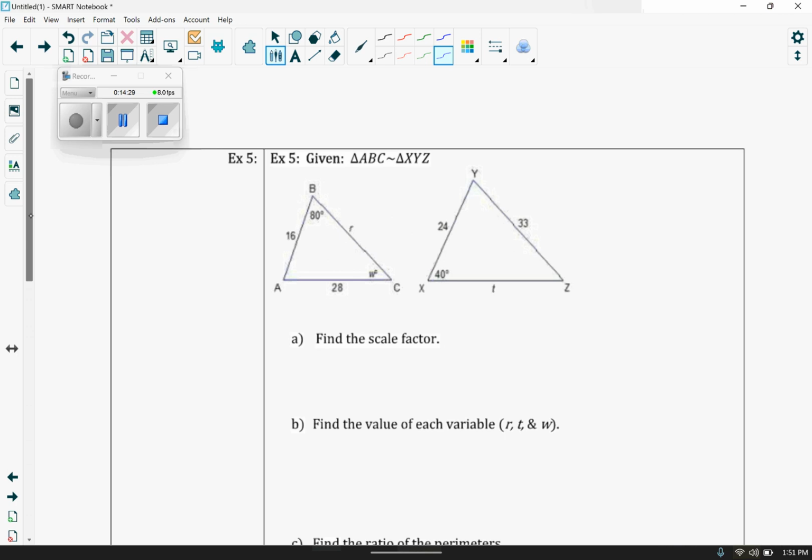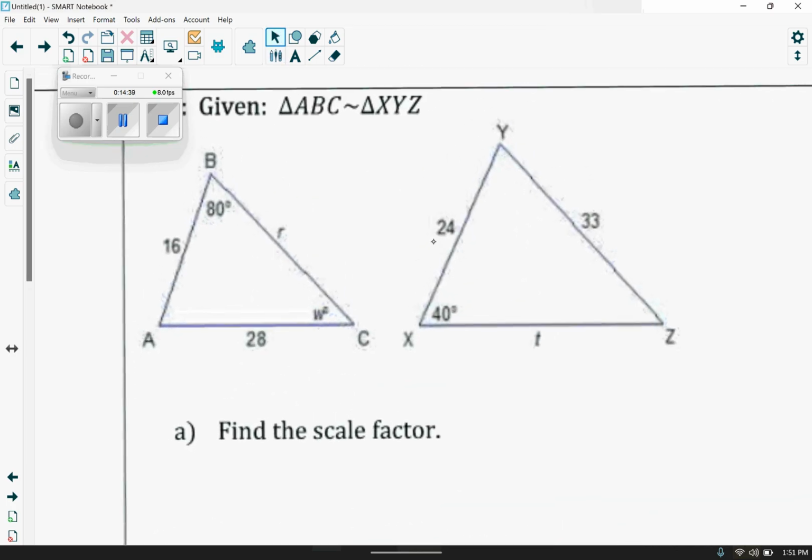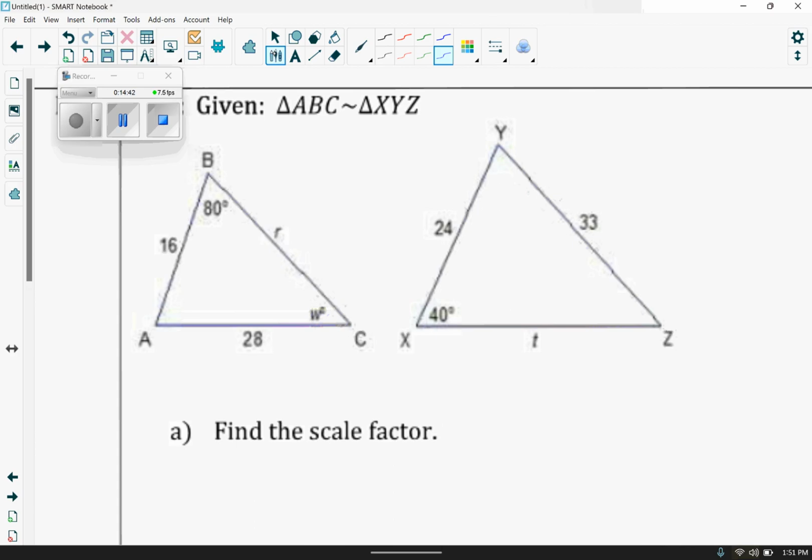And the last little bit here, if I'm given ABC and XYZ, I know A goes with X. I know that B goes with Y, and C goes with Z. This is also W. So if I look at this and I try to find out what W is, it's going to be 180 minus 80 plus 40.